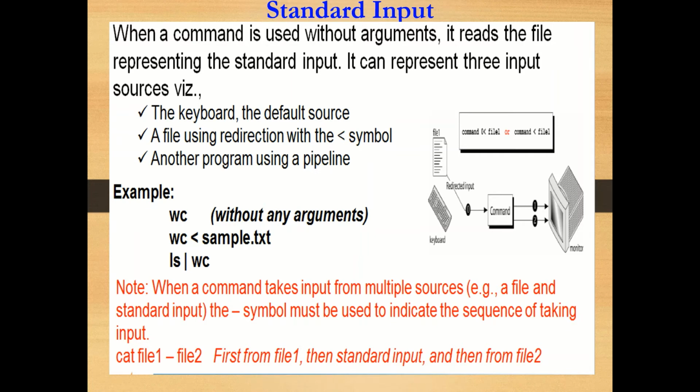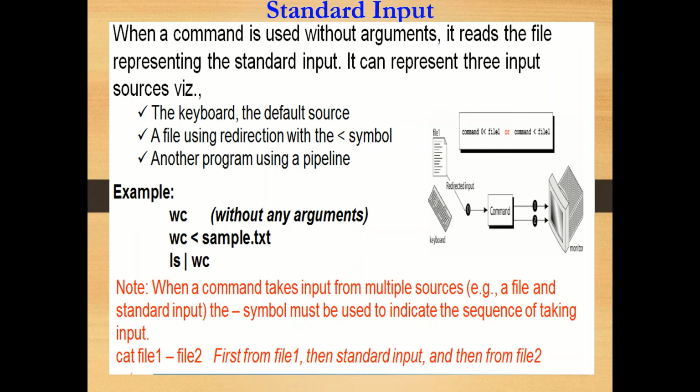Note, when a command takes input from multiple sources, for example a file and standard input, the hyphen symbol must be used indicating the sequence of taking inputs. For example, cat file1 - file2 indicates that input is taken first from file1, then standard input, and then from file2.